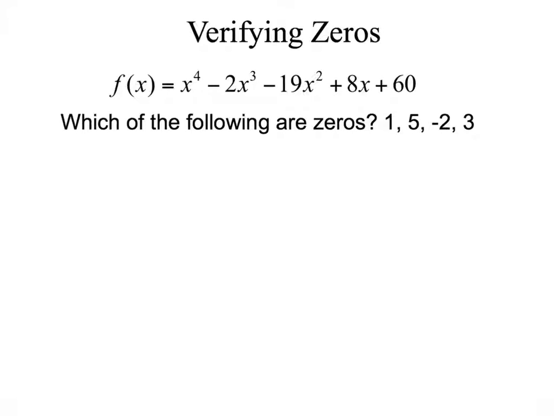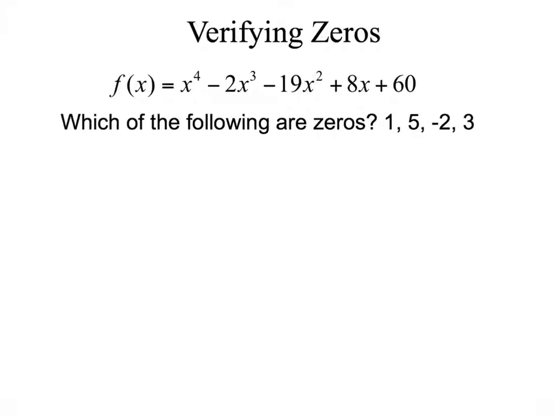To find out if it's a zero, don't zeros, when you plug them in, have a value of 0? So if any of these are zeros, if I plug them into this, shouldn't I get a 0 out? Yes. And doesn't synthetic division give me a very quick way to find the output when I plug them in?